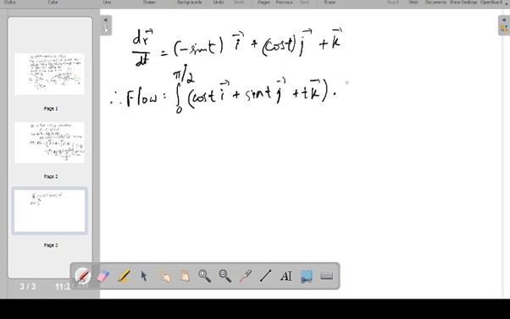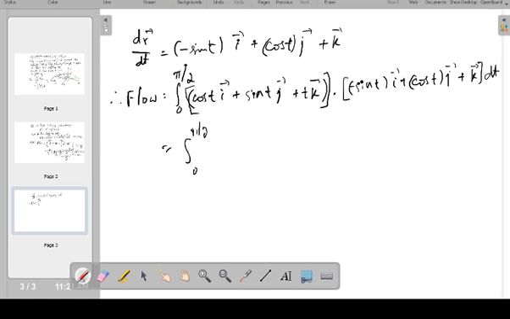So what is dr by dt? Minus sin t vector i plus cos t vector j plus vector k dt. Okay. So now how do you take dot product?